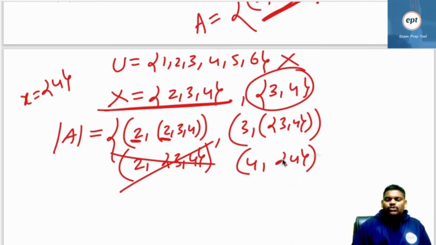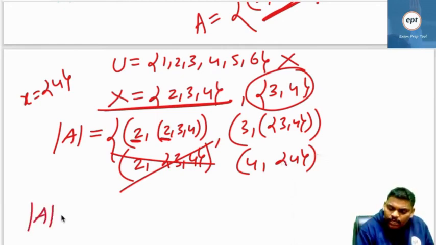Try to understand. So if you are okay with this, what is the cardinality of A? Everyone listen. From the universal set, you have to take one set X, where one element of X you have to keep in the first place.